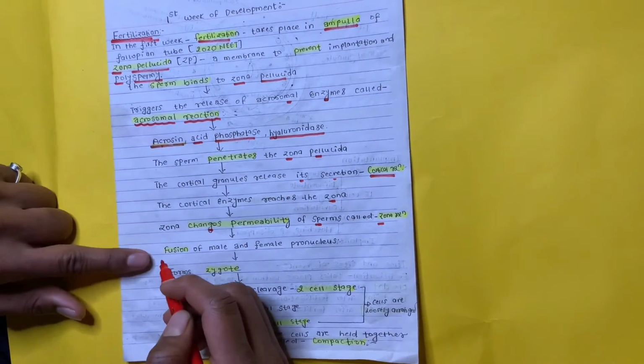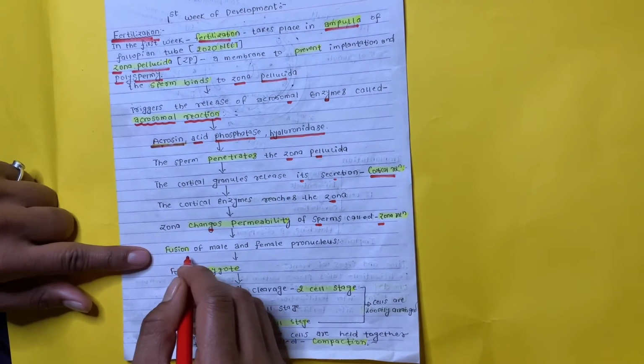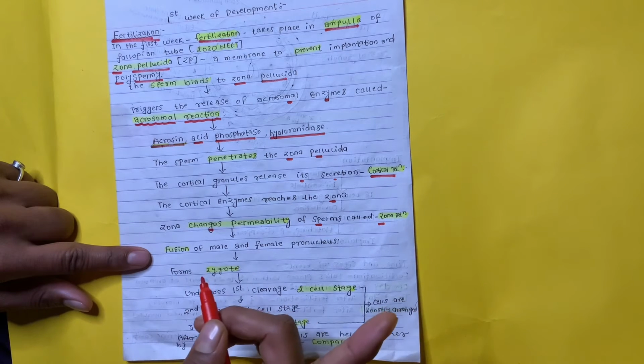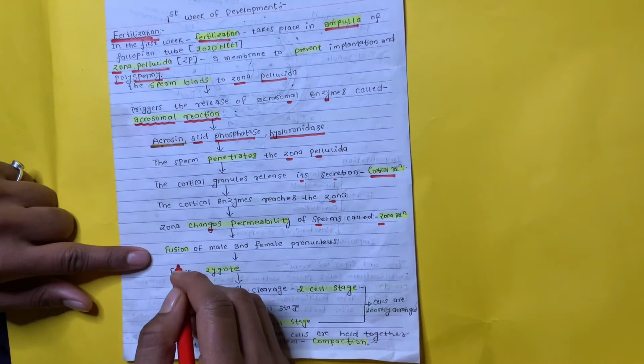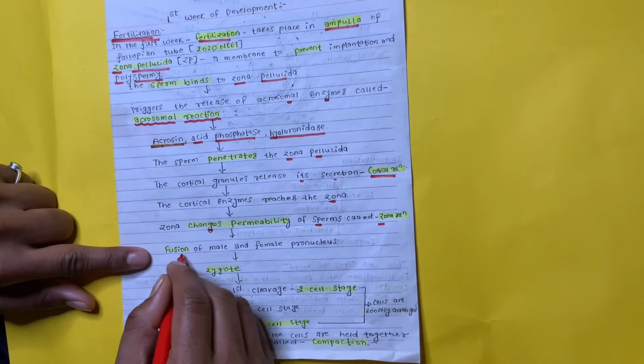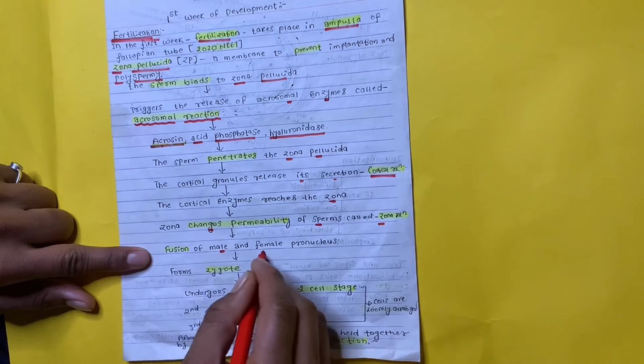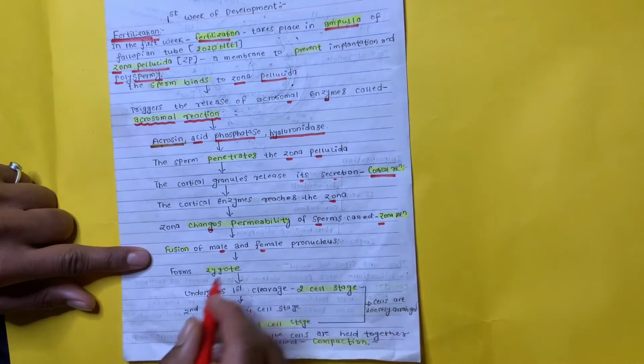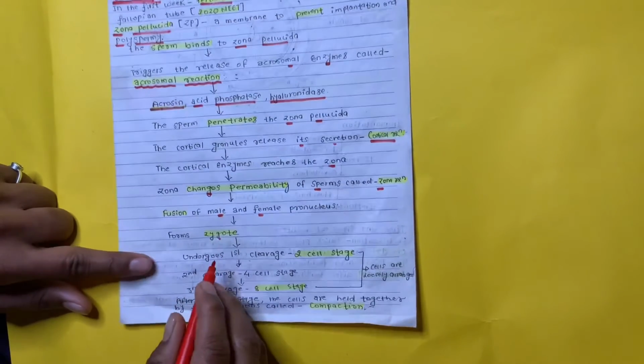Now what happens? The first sperm, which has already penetrated the zona pellucida, fuses. That's why it is written here: fusion of male and female pronucleus. That forms the zygote.